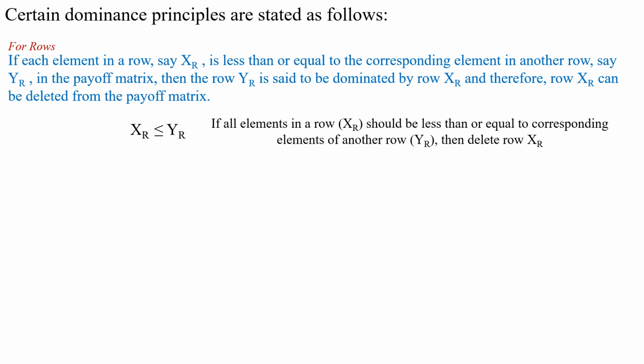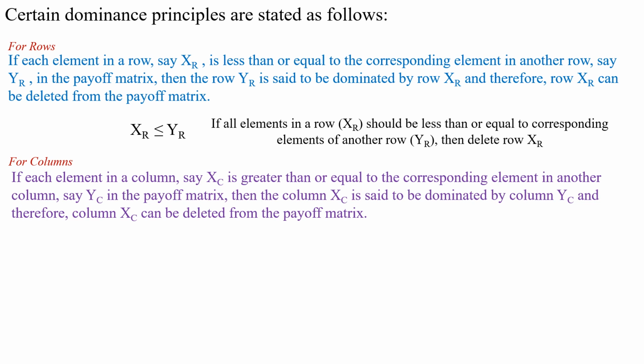Next, we have to see the dominance principle for the columns. If each element in a column, say column x, is greater than or equal to the corresponding element in another column, say column y, in the payoff matrix, then column x is said to be dominated by column y, and therefore column x can be deleted from the payoff matrix.